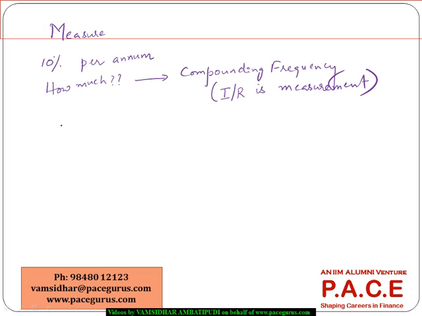So it's as good as saying, if it is 10% per annum compounded annually, then if you have deposited 100 now, at the end of 1 year you are going to get 110.